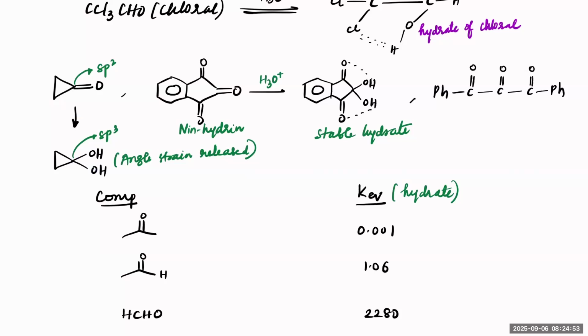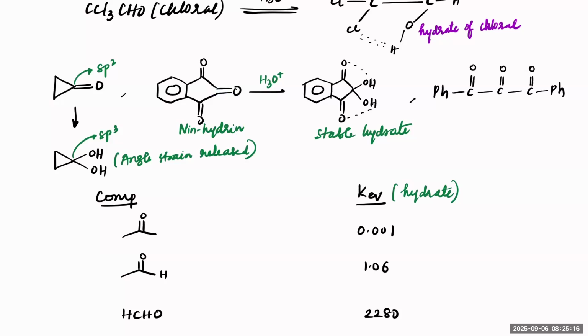Similarly, ninhydrin. This compound is called ninhydrin. When you add H3O plus, here if at all it becomes OH and OH like this, O and H here, O and H here. So this oxygen and hydrogen will make a hydrogen bond, and this oxygen and hydrogen will make a hydrogen bond. That stabilizes the hydrate.